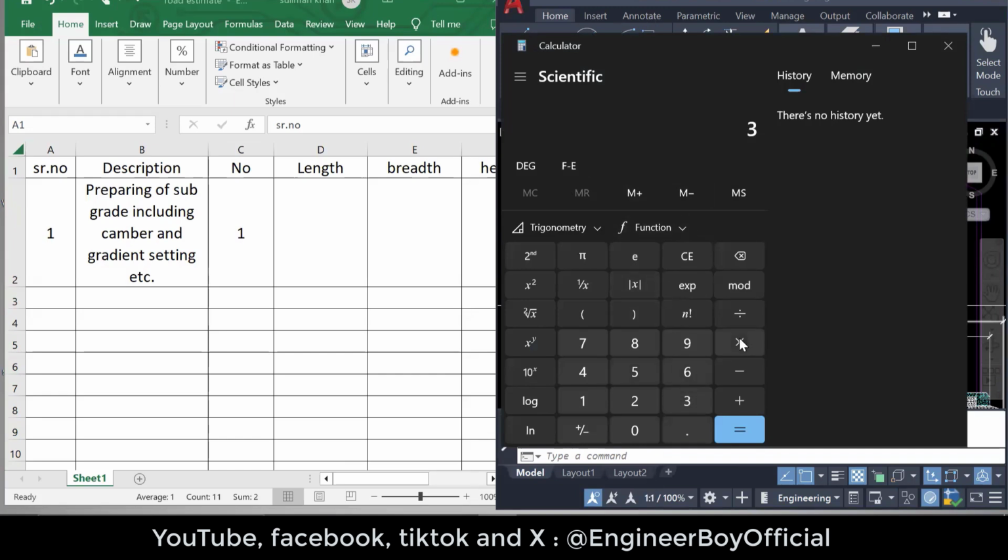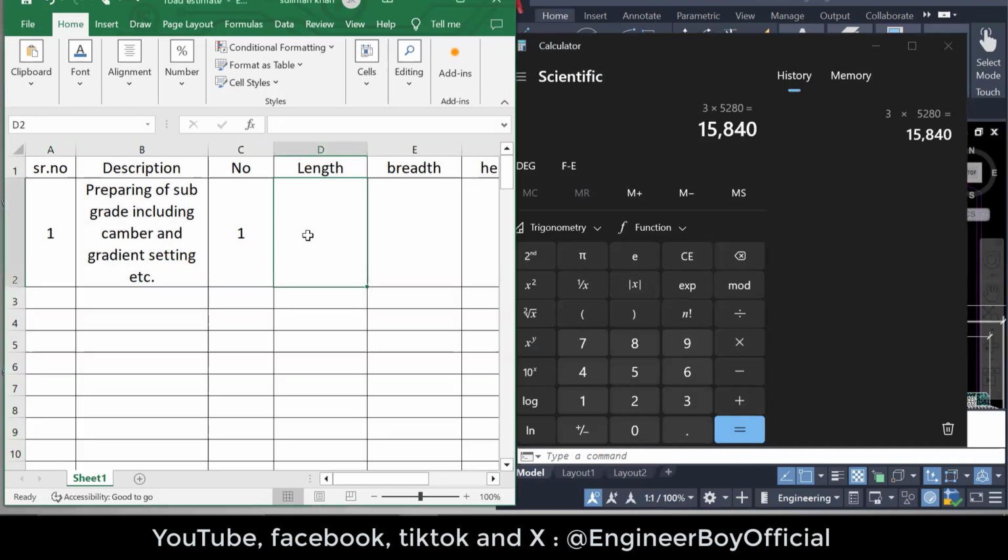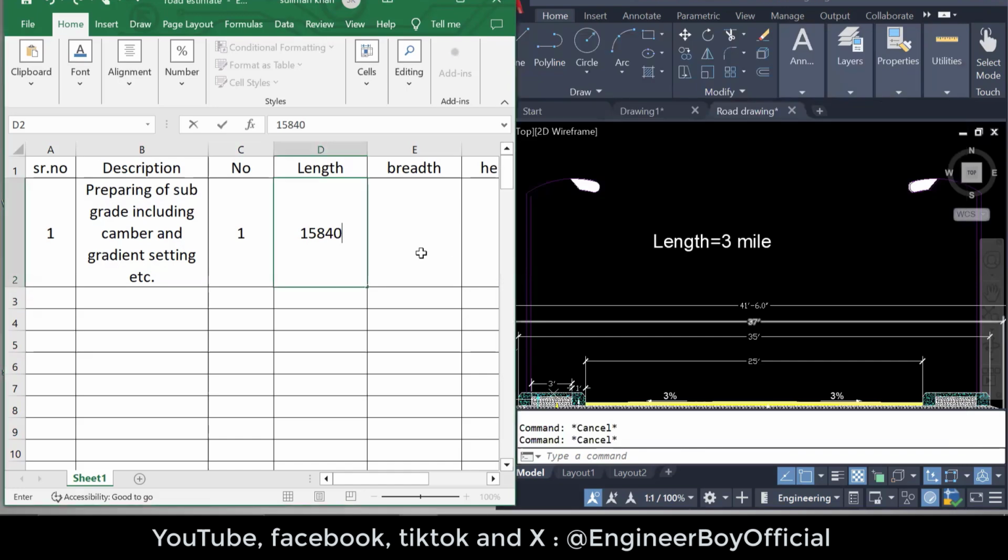So 3 times 5,280 feet is 15,840. That is the length, which is 15,840 feet. And this is what we want. So this is the total length of the road.